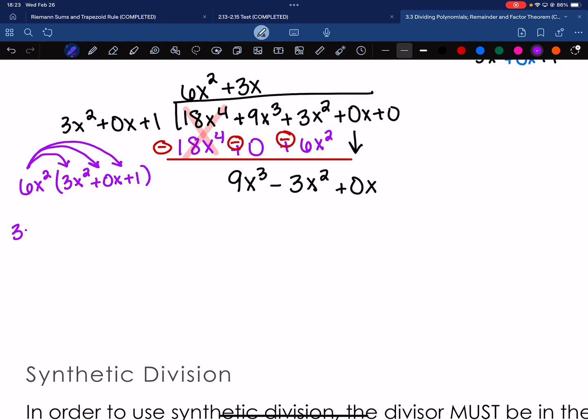So we have 3x times 3x squared plus 0x plus 1, and we distribute. 3x times 3x squared is 9x cubed. 3x times 0x is just 0. And 3x times 1 is 3x.